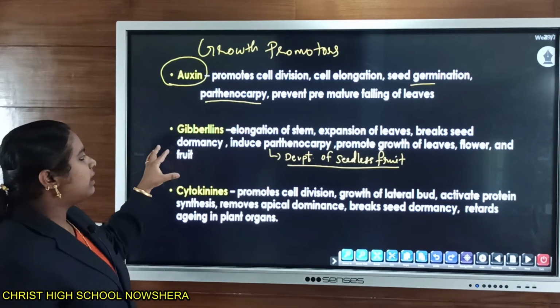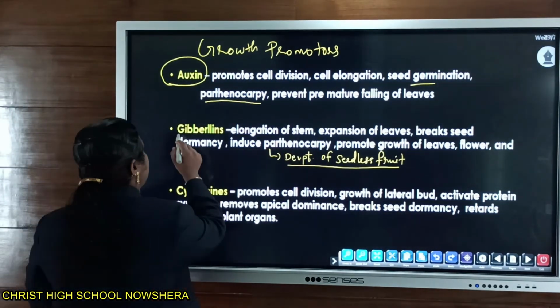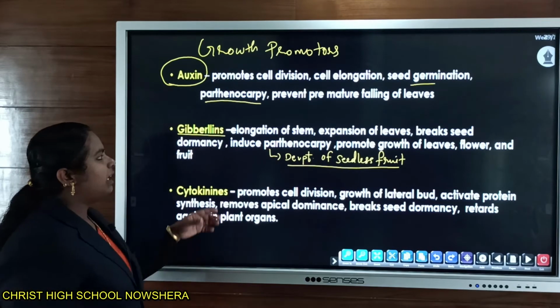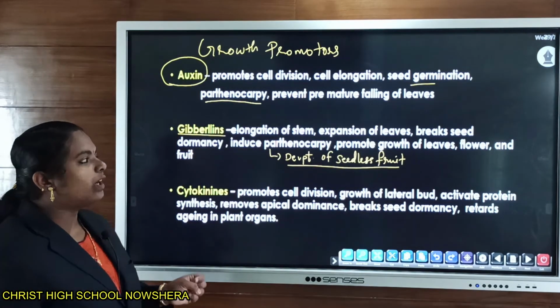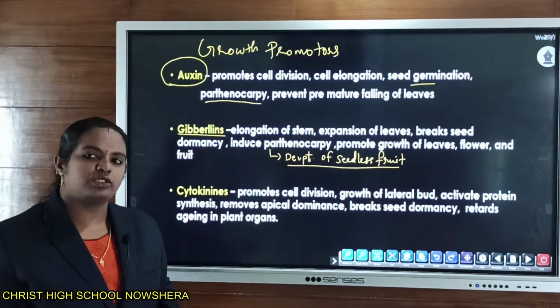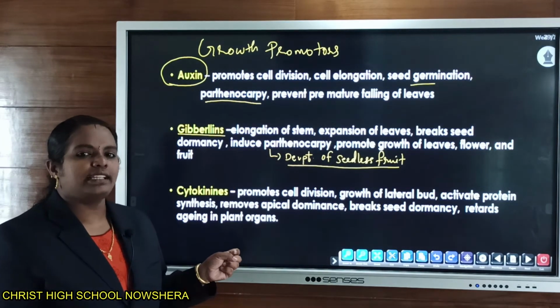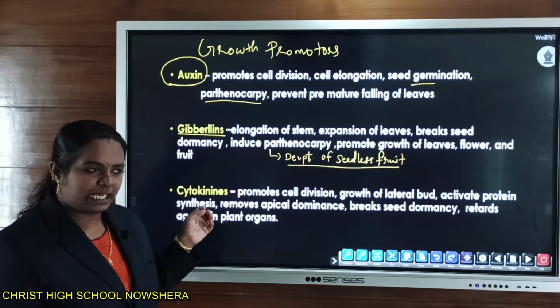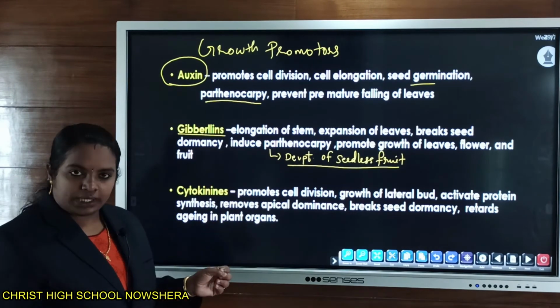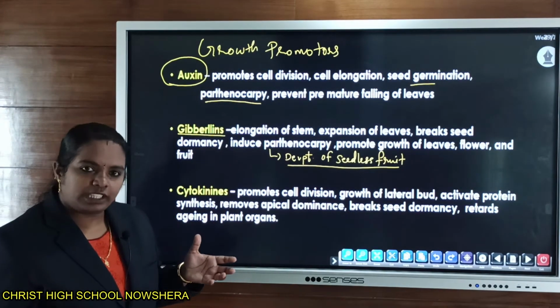Then the second type is gibberellins. Same like that, it also helps in the elongation of the stem as well as expansion of leaves. So there is an increase in the size as well as the length of the stem, and expansion, an increase in the size and surface area of the leaves.